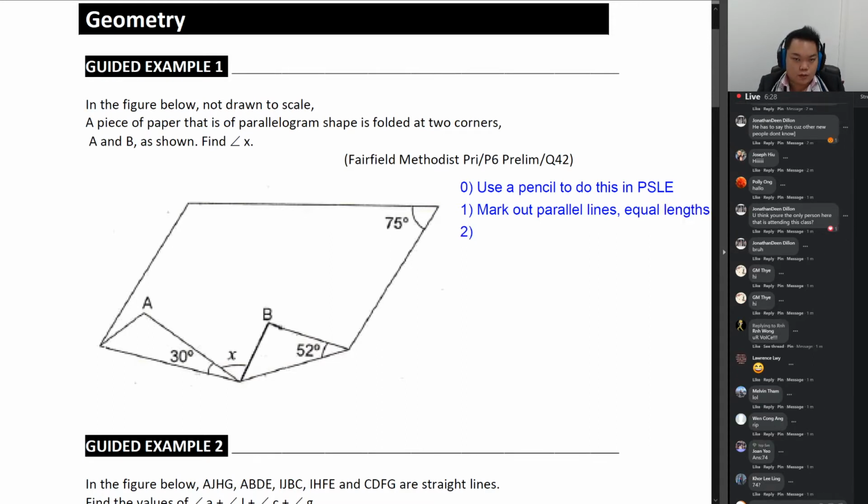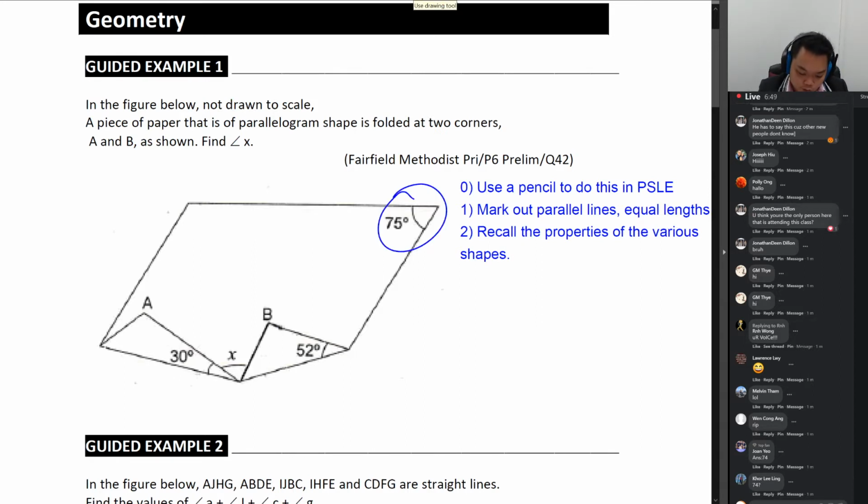Second of all, you have to recall the properties of the various shapes. This will help you a lot because when they say that something is a parallelogram, I can immediately tell you that if this is 75 degrees, this will be 105 degrees. There's information that unravels itself by knowing all this.